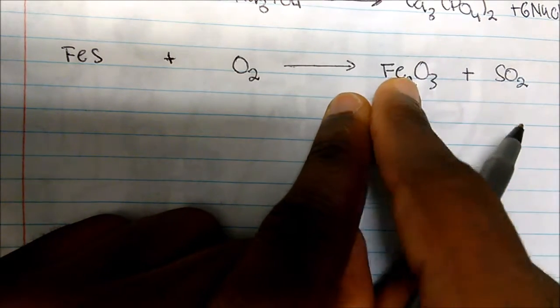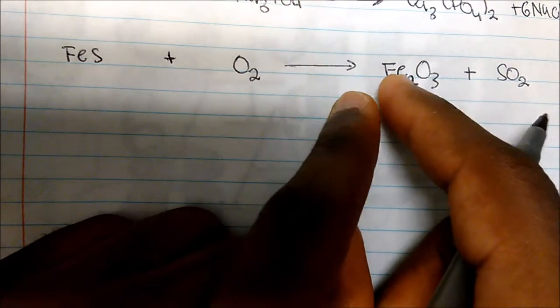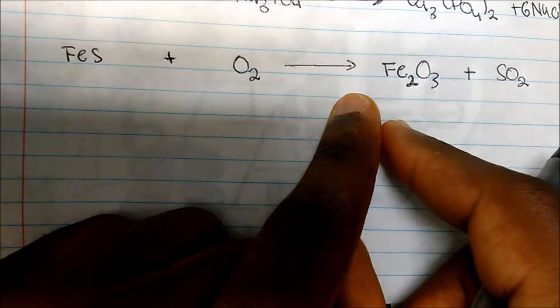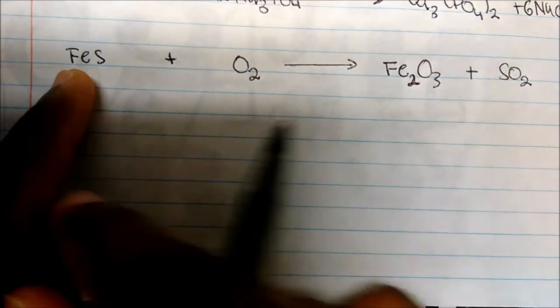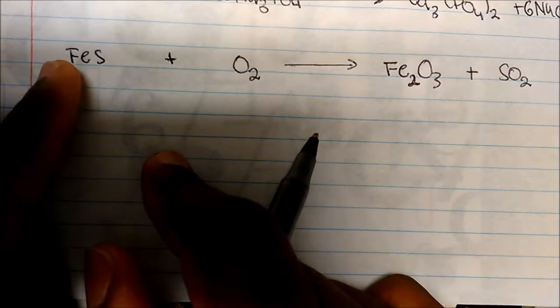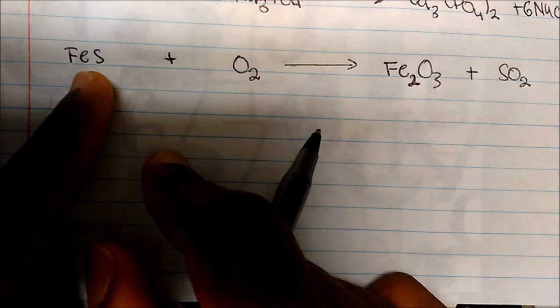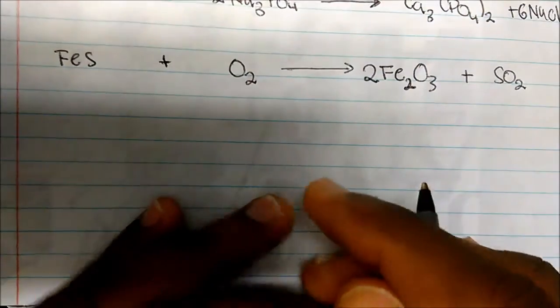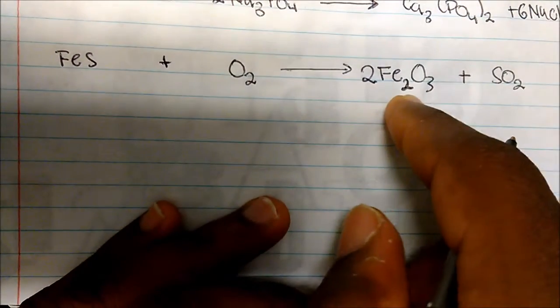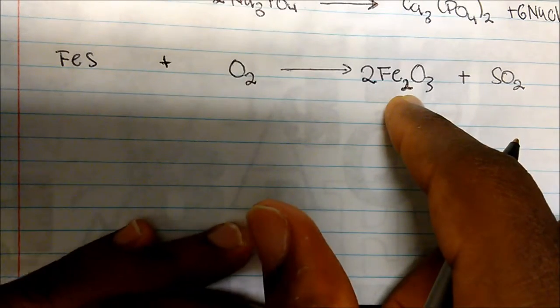And then, I was reading too much into this, but let's do it the traditional way. Okay, if I put 2 moles of iron in front of this, I don't think it will actually work. Okay, and so what I'm gonna do is I'm gonna put 2 moles of iron here. So that will give me 2 times 2, which is 4 moles of iron.